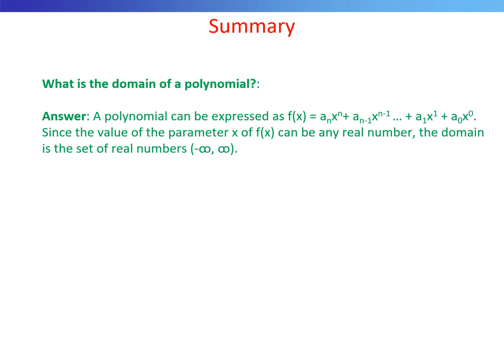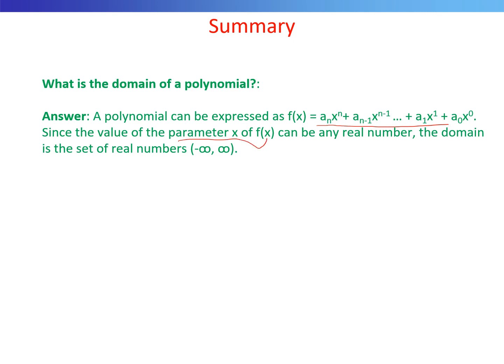Summary. To summarize what we went through, we will ask questions and then answer them. First question: what is the domain of a polynomial? Answer: A polynomial can be expressed. We discussed the expression. A polynomial f of x will have input, which is called the parameter of the function or the polynomial.